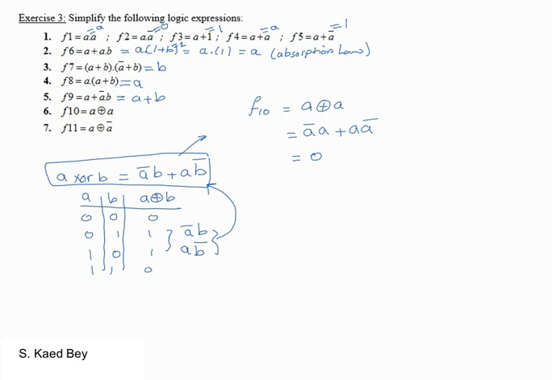And if you wanted to double check this, you can draw the truth table for A XORed with A, and if A is 0, 0, 1, 1, so the answer will be always 0. So F10 will be always 0.